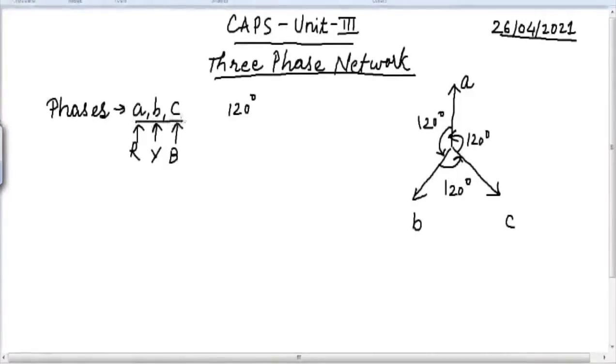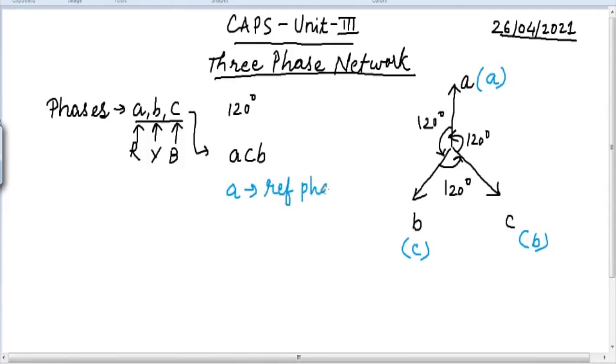If I change this original phasor to ACB, then the position of B will be taken by C and the position of C will be taken by B, whereas A will remain as it is, because we are taking A as the reference phasor. In this way, we can change this particular phase sequence.